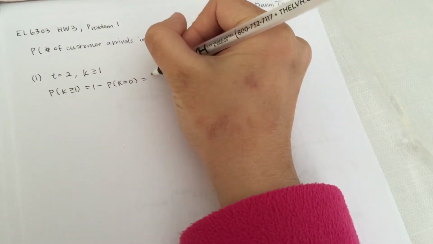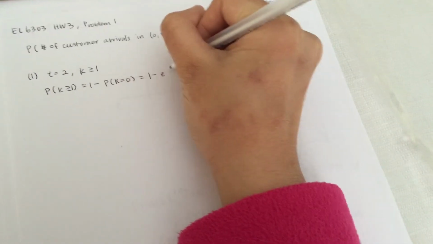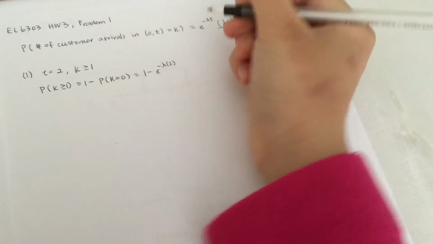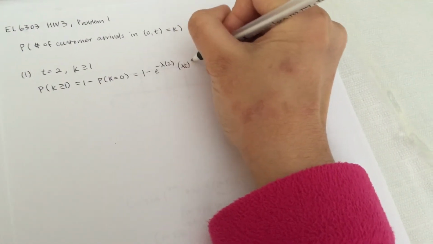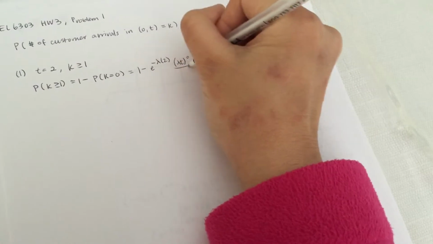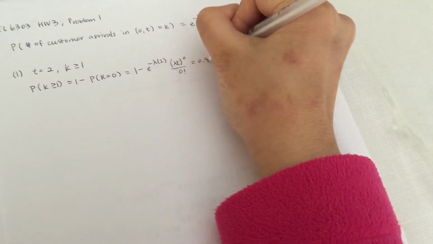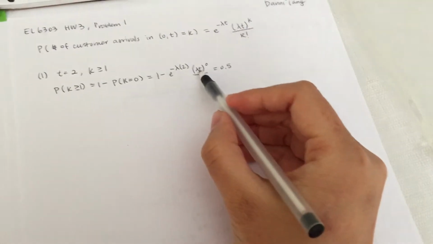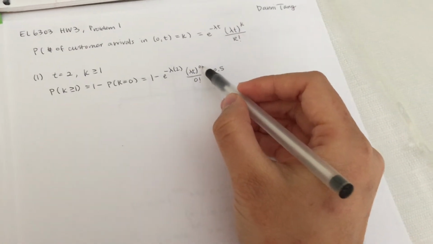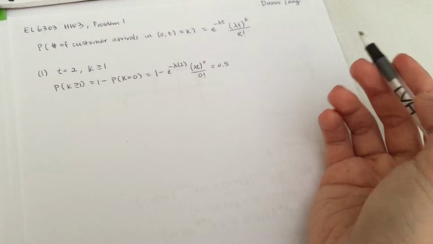So this is 2 minutes. 1 minus e to negative lambda times 2, and lambda t to the 0 power over 0 factorial equals 0.5.